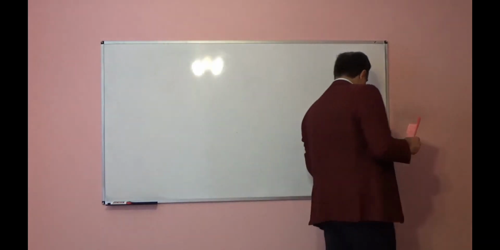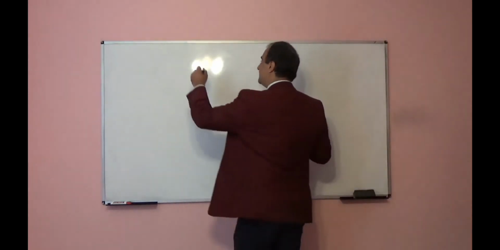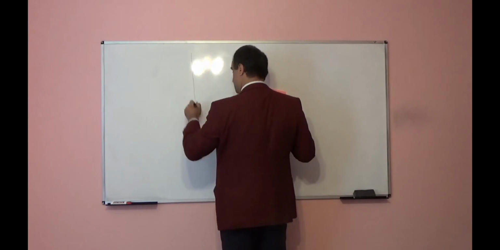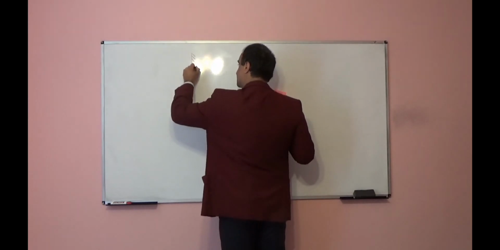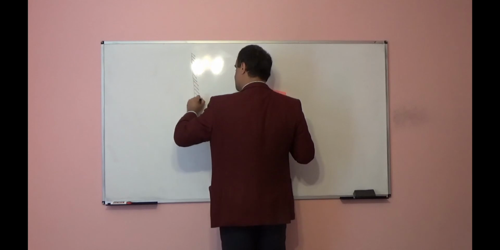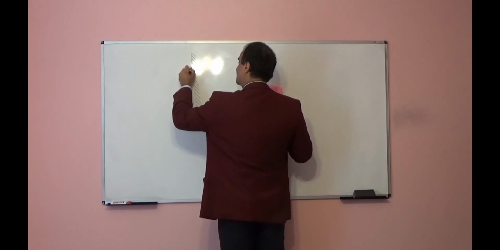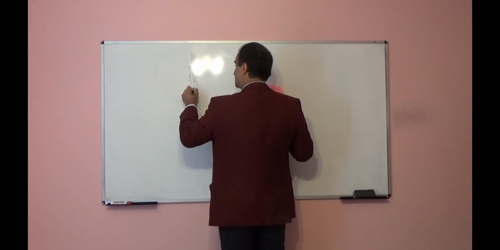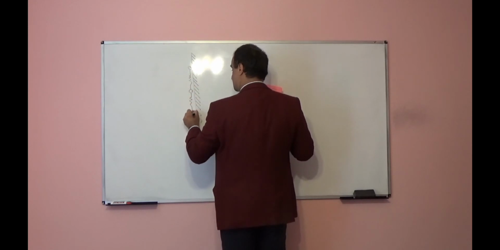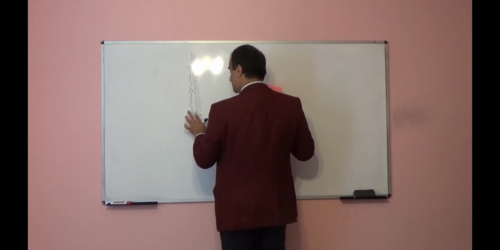Next example, we have two springs and the length for each spring is 3 meters. So we have one spring and another spring. We attach this spring to the wall.